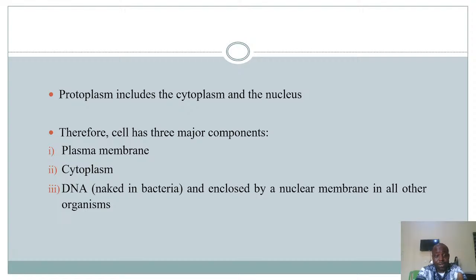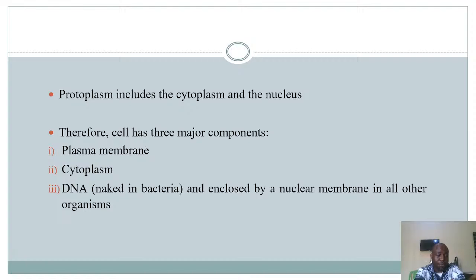In bacteria, it is naked. In higher organisms like eukaryotes, they have a membrane that surrounds the nucleus. So these are the basic major components that make up a cell: the plasma membrane or the cell membrane that surrounds the internal space called the cytoplasm, and then the nucleus, which is made up of the chromosome, in this case could be the DNA. So these are the three major components of the cell.